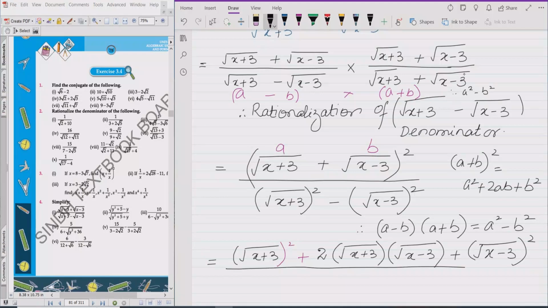and now in the denominator, the square root cancels with the square. Now we have x + 3 minus (x − 3), right?